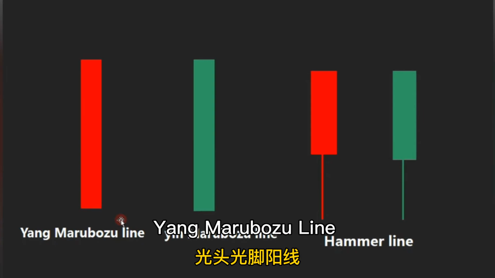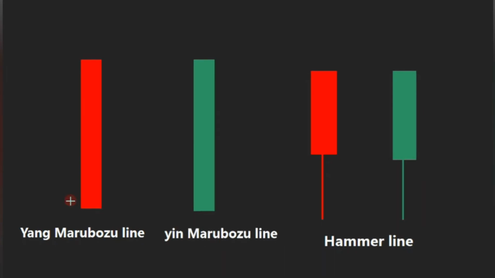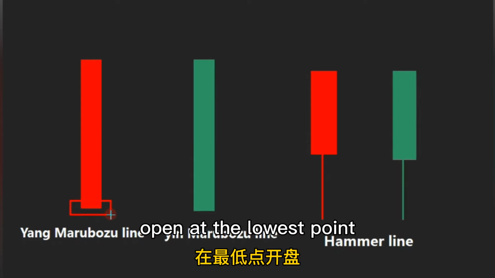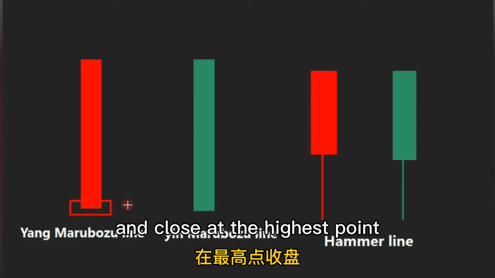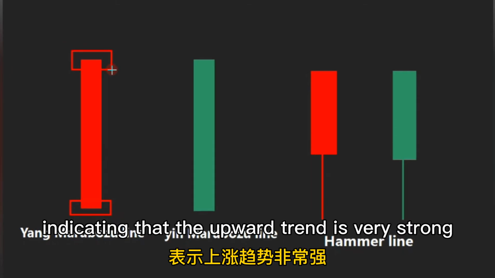The Yang Marubozu line opens at the lowest point and closes at the highest point, indicating that the upward trend is very strong.